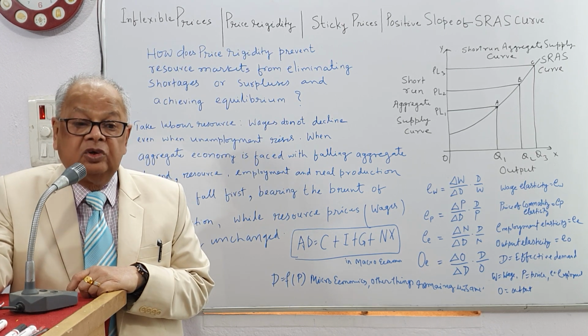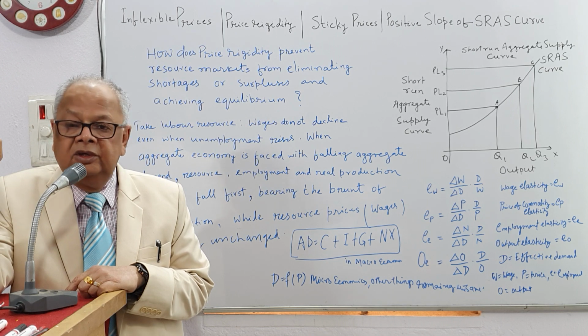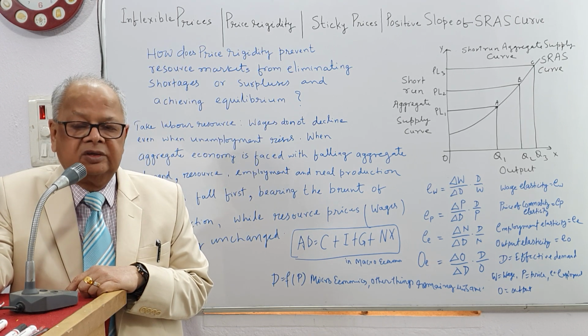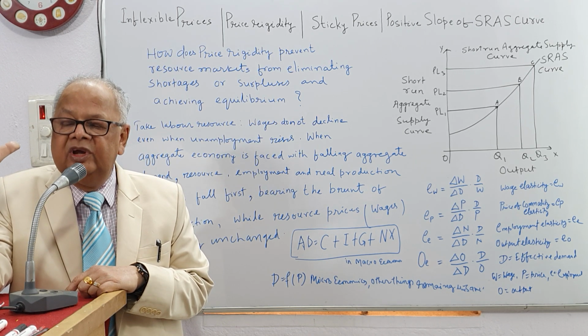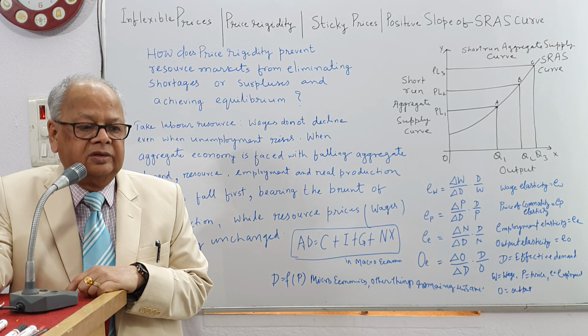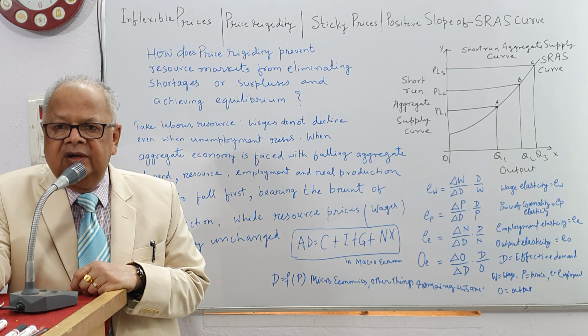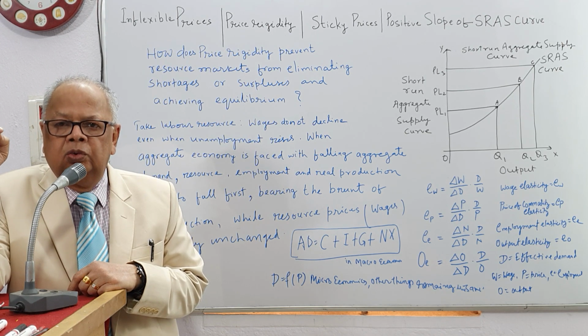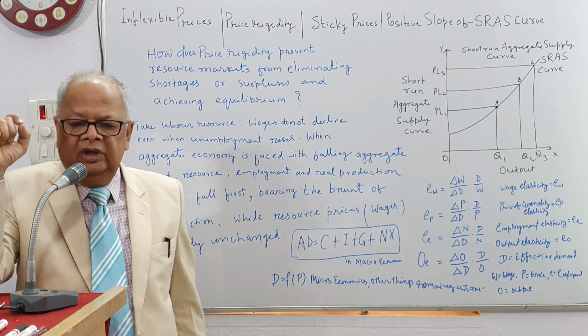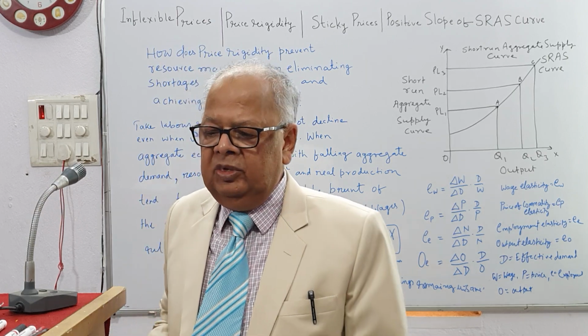But in a capitalist economy, wage is the most important factor. Trade union is the most important factor. Collective bargaining in the wage market is a very important factor. So we will see what the factors are which lead to price rigidity in the capitalist mixed economy.